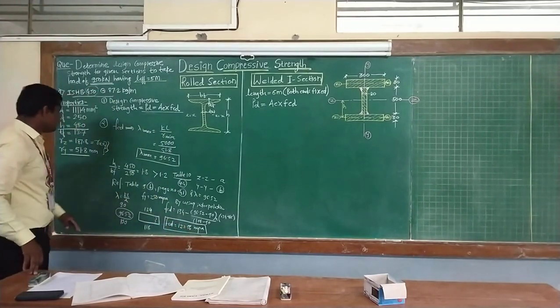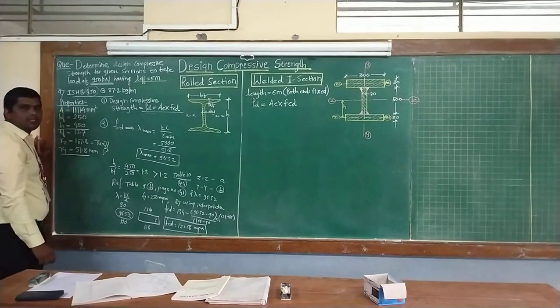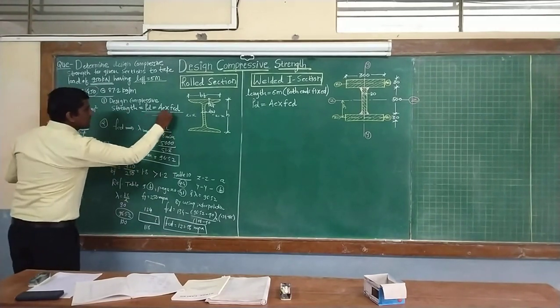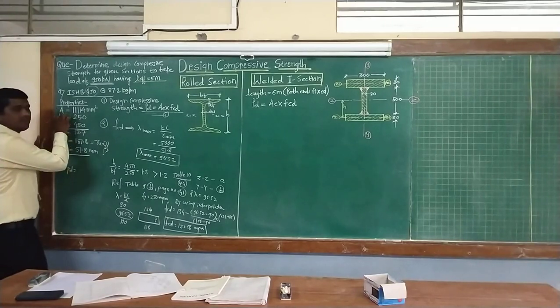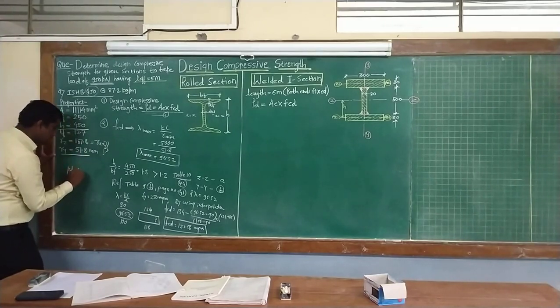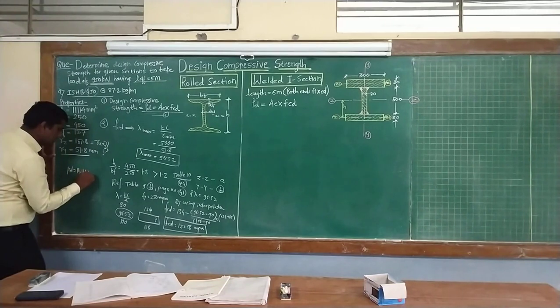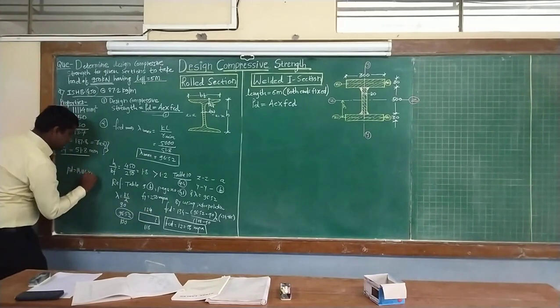123.56. Now we are going to refer to the equation for design compressive strength. The effective cross sectional area 11,140 multiplied by the FCD value 123.56.